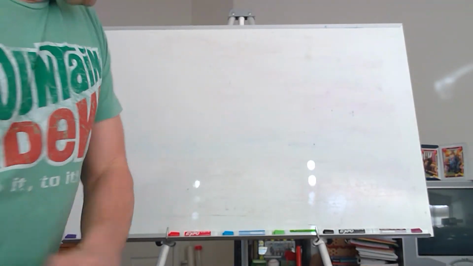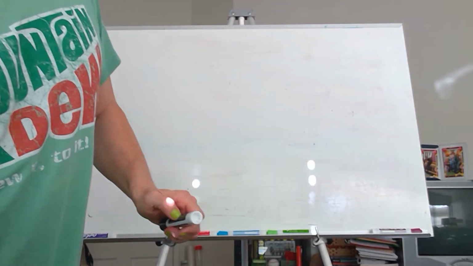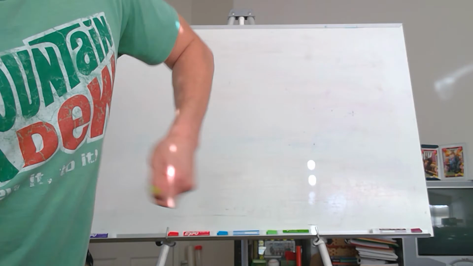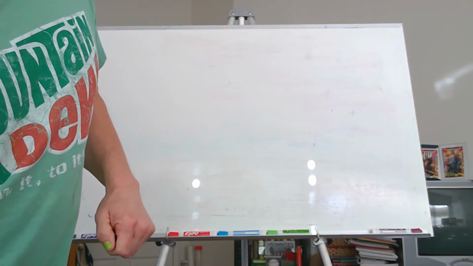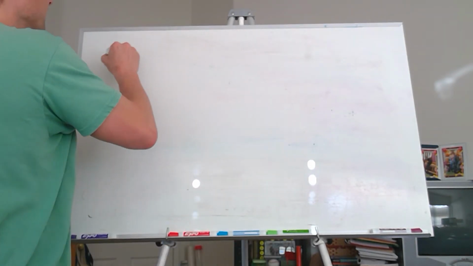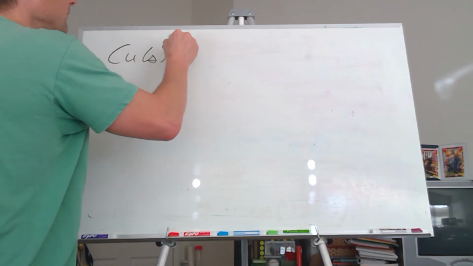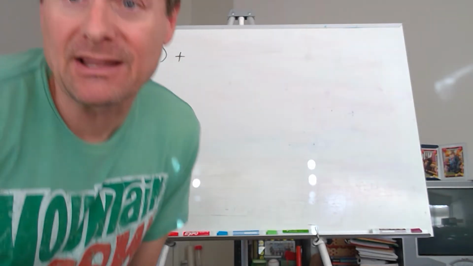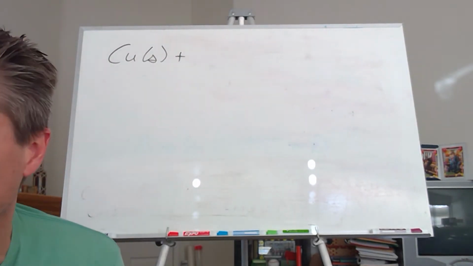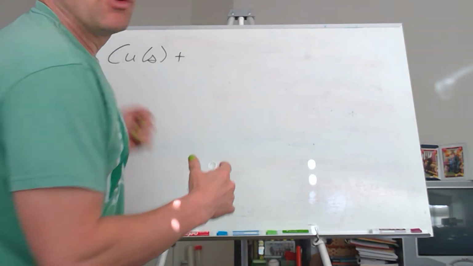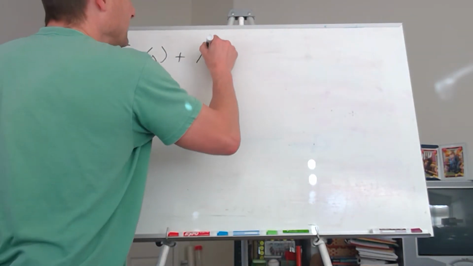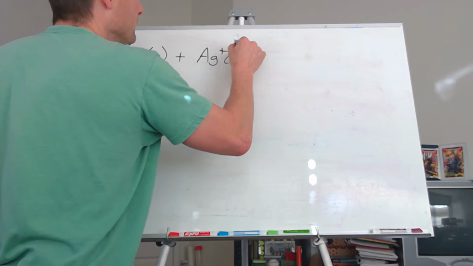So let's say we've got some silver and some copper or something like that. Let's say we have some solid copper, and let's drop that in a solution. Let's do a net ionic equation, right? So we've got some silver ions here.